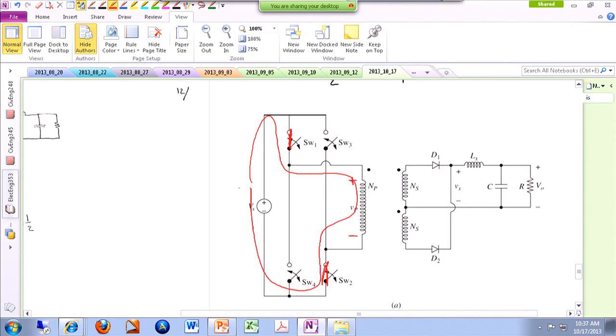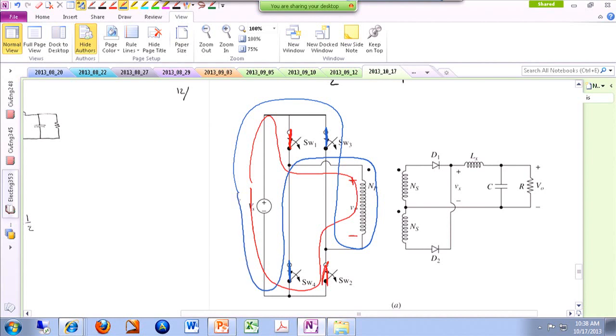All right. Then the other mode, which is mode, for instance, 3, I turn S3 on and S4 on. And if you look at KVL now, to the primary side, we are applying negative Vn. So let's follow that. The input voltage comes through the switch, goes here, goes through this winding, goes here, and goes down.